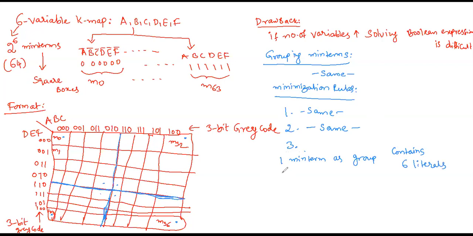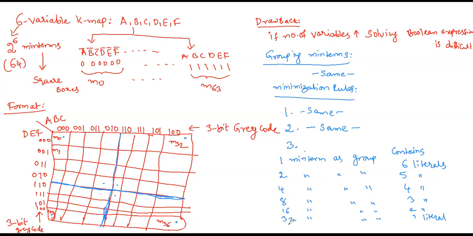If you form two minterms as a group, it contains 5 literals. 4 minterms as a group give an expression of 4 literals. 8 minterms as a group contain 3 literals. 16 minterms, 2 literals. 32 minterms, 1 literal.